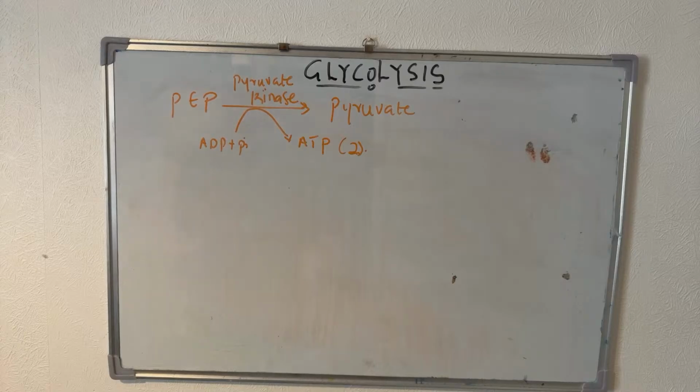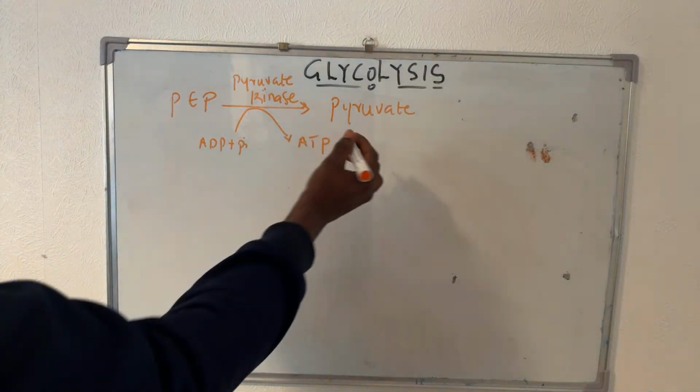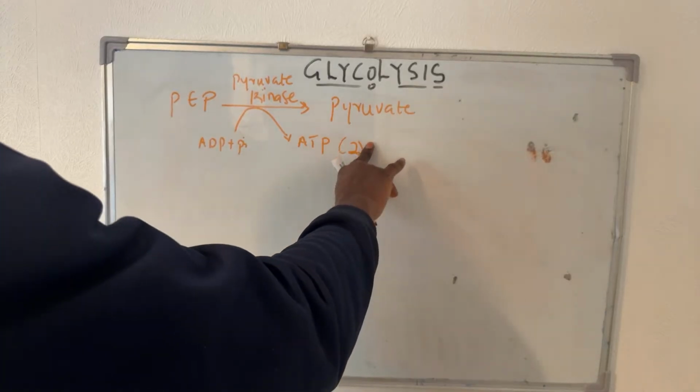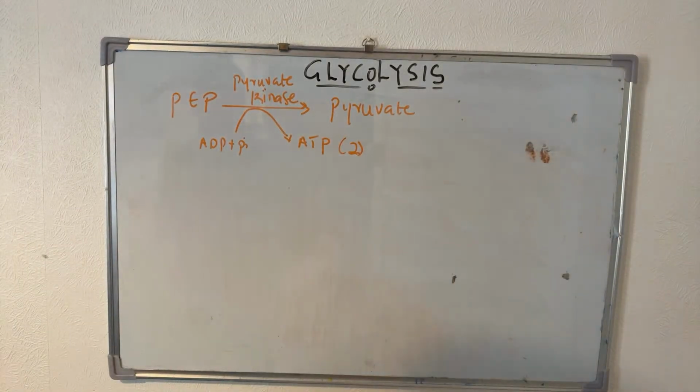So how we come about these 2 is that glyceraldehyde 3-phosphate and dihydroxyacetone phosphate, you can call them 2 molecules, because they have been cleaved into 2.